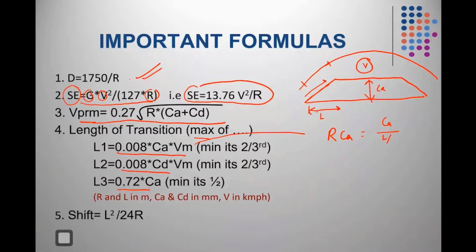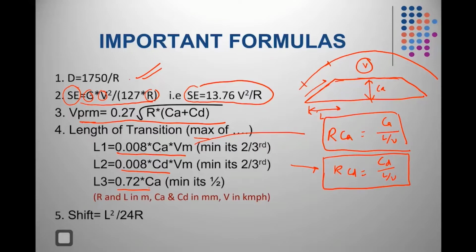Similarly, this is based on your formula RCD, rate of change of cant deficiency. You are not normally able to provide the full cant, so the fastest train is moving at a certain cant deficiency, and this RCD is equal to cant deficiency divided by length by V. These two values are limited, as we discussed in our class. Normally this should not be more than 35 millimeter per second.